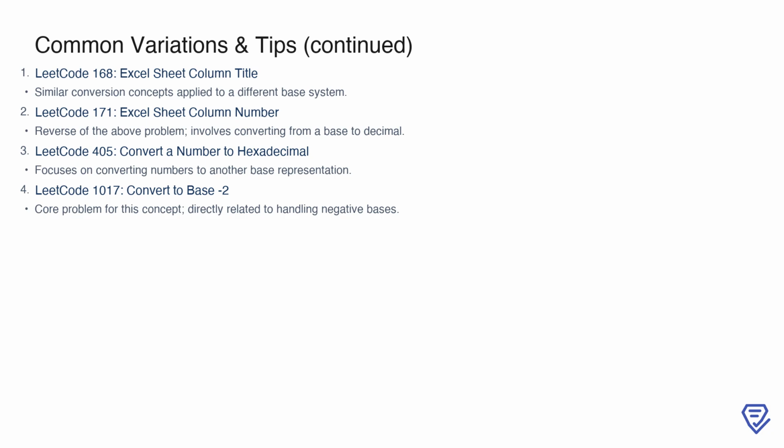Another relevant problem is LeetCode 405, convert a number to hexadecimal, which focuses on another type of base conversion. And, of course, LeetCode 1017, convert to base -2, is the core problem where these skills are directly applied. Exploring these related problems helps you recognize patterns and strengthen your understanding of base conversion techniques across different contexts.